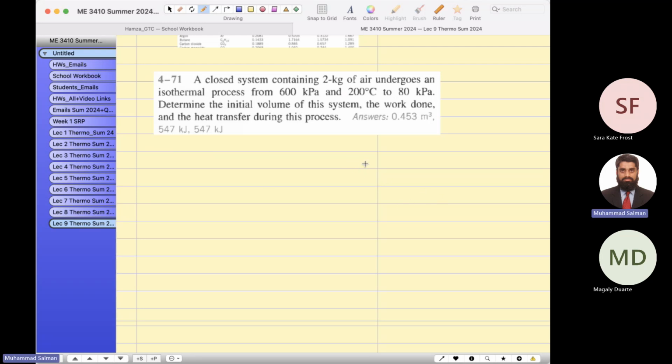A closed system containing 2 kilograms of air undergoes an isothermal process. Isothermal means constant temperature.